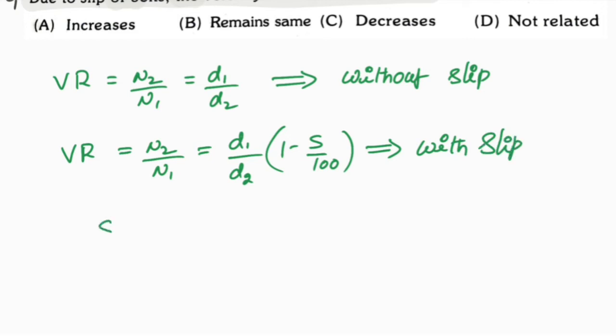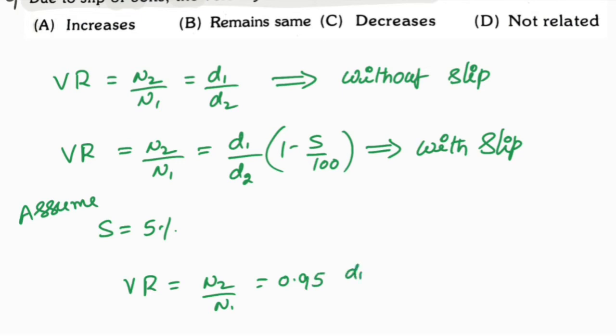Let us assume slip equal to 5%. Then velocity ratio equals N2 by N1, equal to (1 minus 0.05), which is 0.95 times D1 by D2.